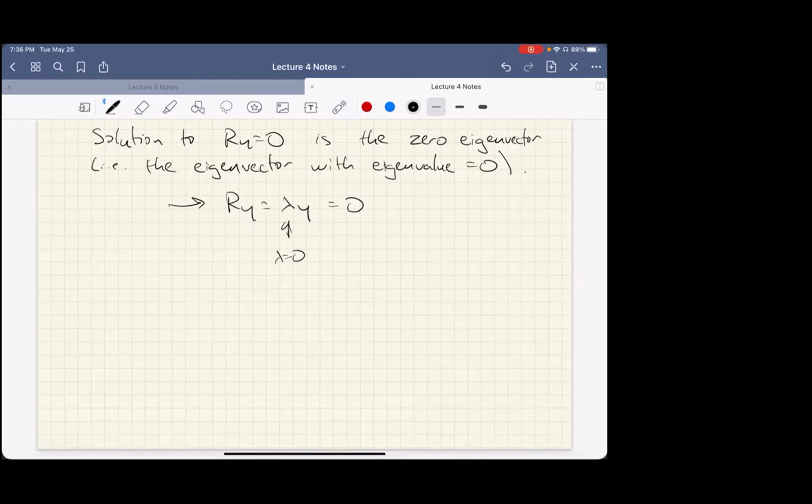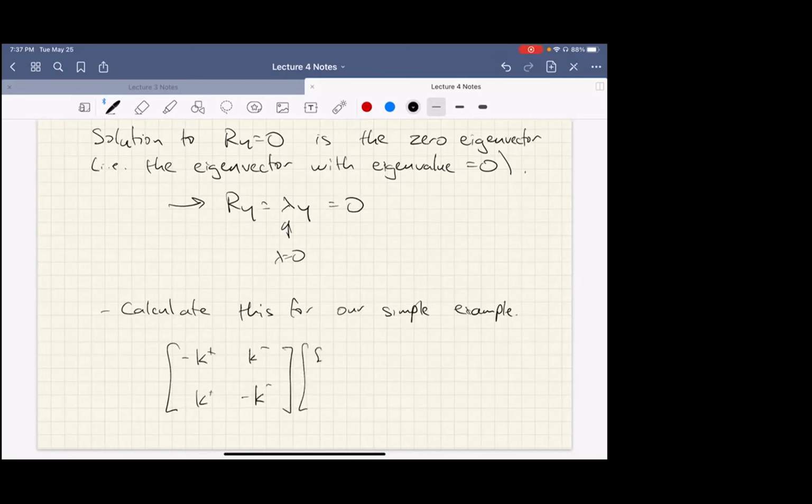So to find this, what we require, so to calculate, what we're going to do is we're going to calculate this for our simple example. So remember, R in our simple example was minus k plus, k minus, minus k minus.